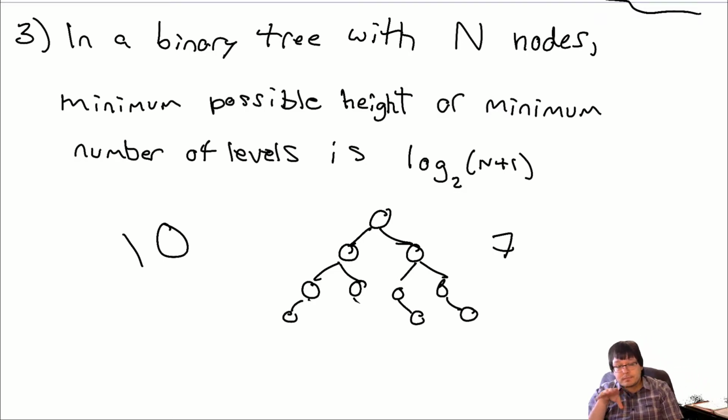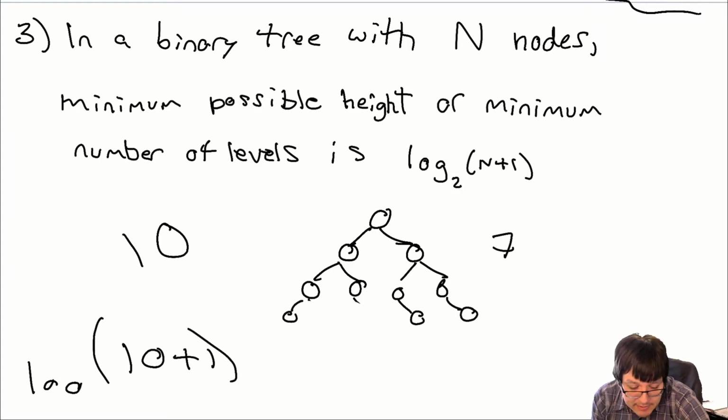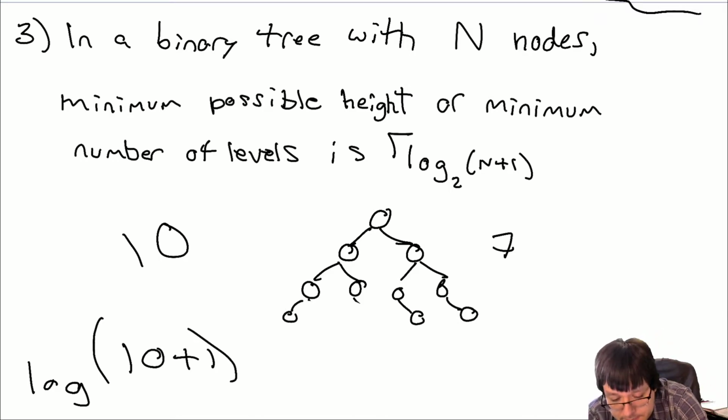This, of course, was the experimental way, but mathematically, you can do it by just running it with the logs. So you can say 10 plus 1 and take the log of that. However, GeeksforGeeks doesn't actually say this, but you need to do the ceiling function on this. Otherwise, it will not work.